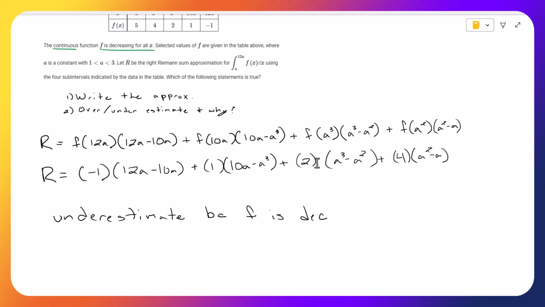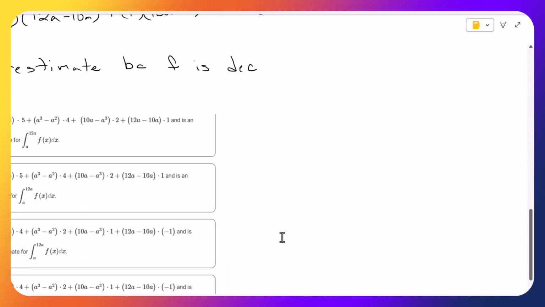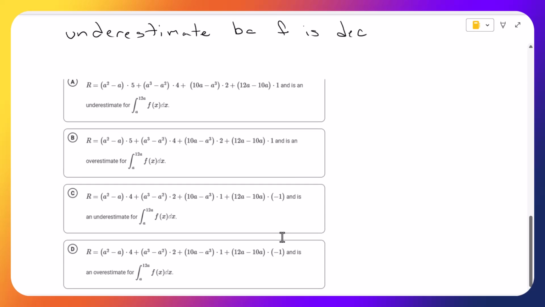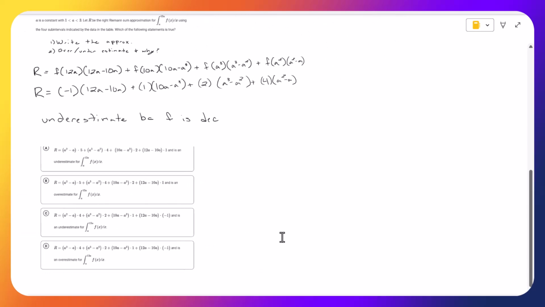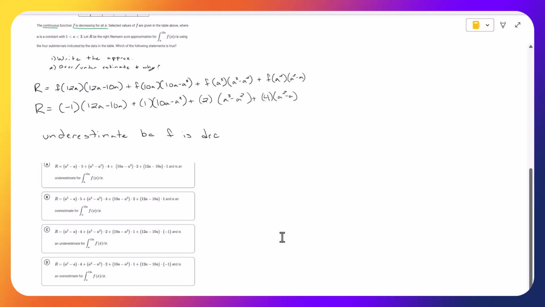All right. And now we have all the pieces we need. I'm going to put the answer choices in, and we'll look through them together. Okay, and now we have our 4 answer choices here. This is a lot of stuff to look at.